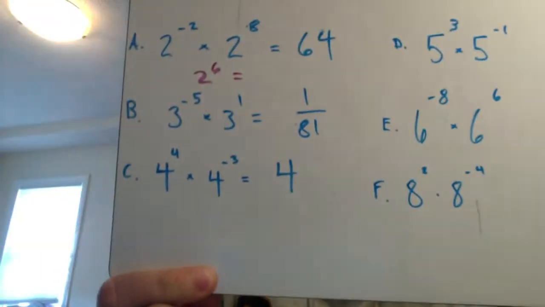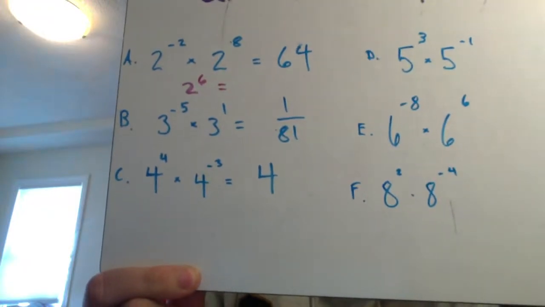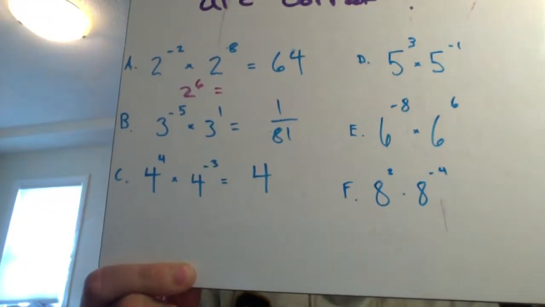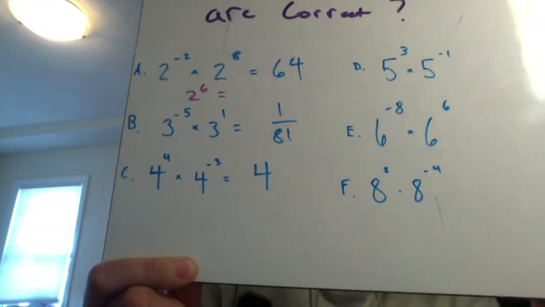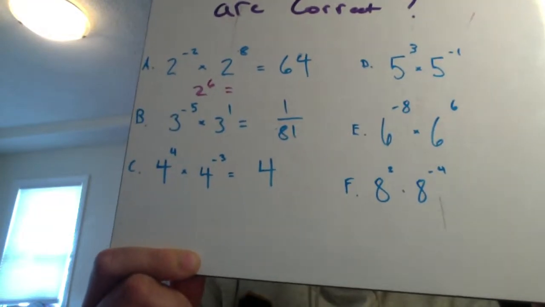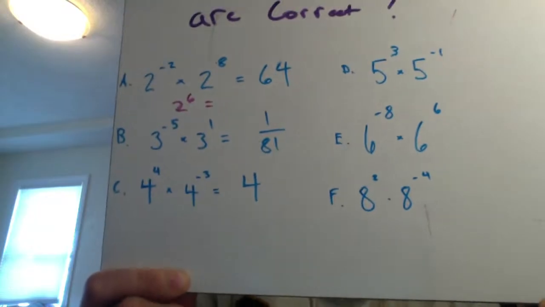So we get 2 to the 6th power. 2 to the 6th power is 2 times 2 is 4, times 2 is 8, times 2 is 16, times 2 is 32, and times 2 is 64. If you guys put that in the calculator, you'll get 64. So A is correct.